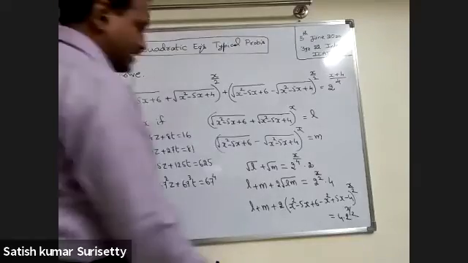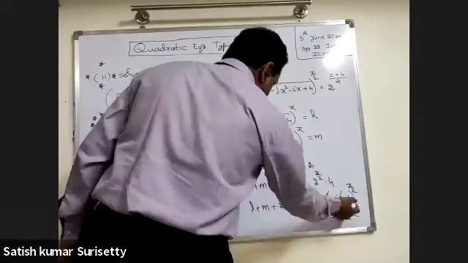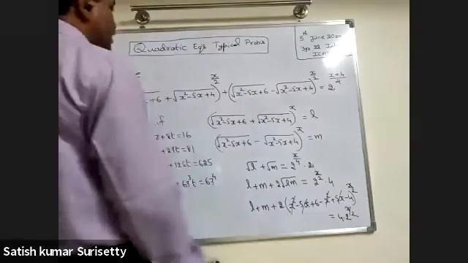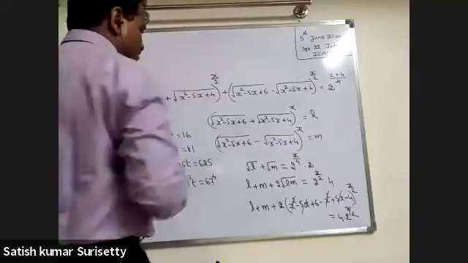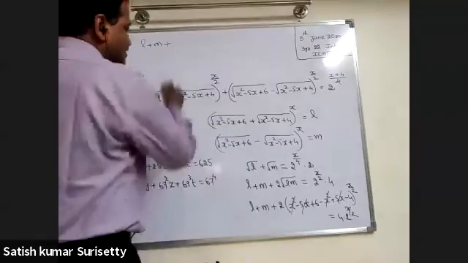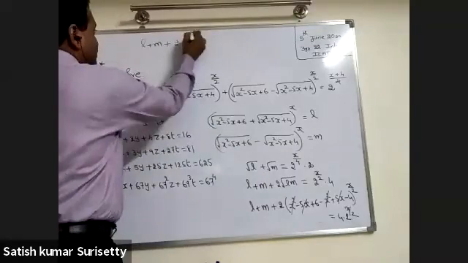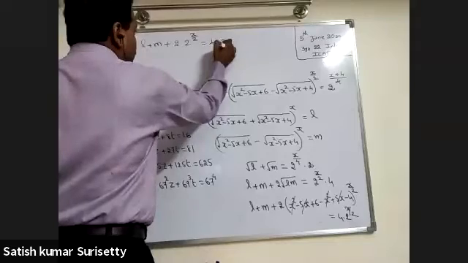Now x square gets cancelled, 5x also gets cancelled. What is remaining? 6 minus 4, 2. That means this is again 2 to the power of x by 2. That means what you are getting now is L plus M plus 2 into 2 to the power of x by 2 equal to what? 4 into 2 to the power of x by 2.